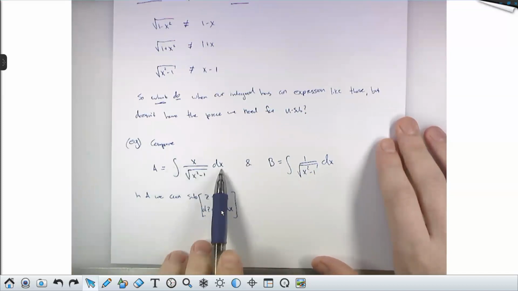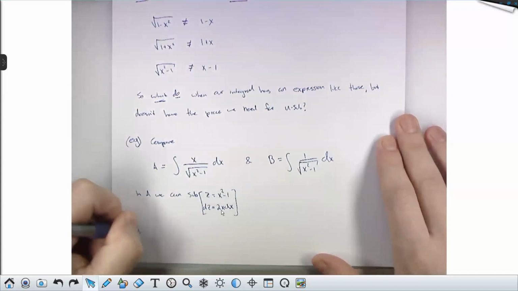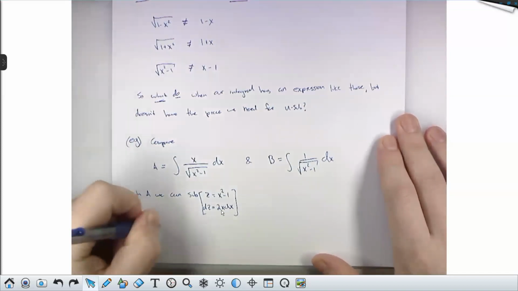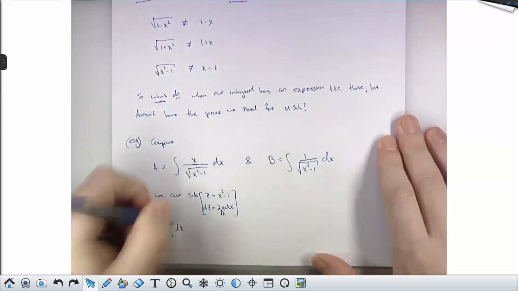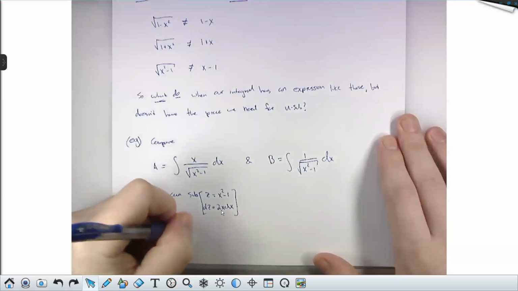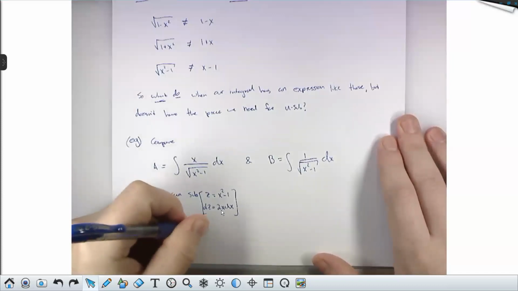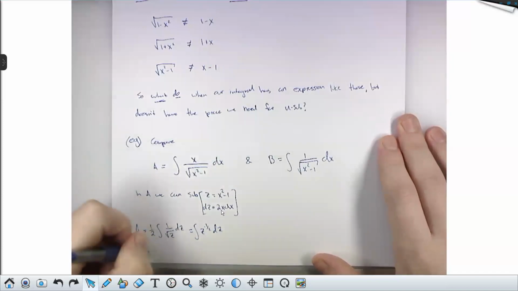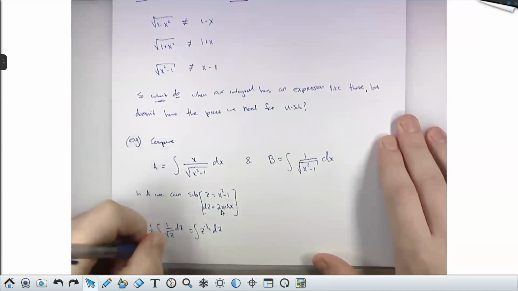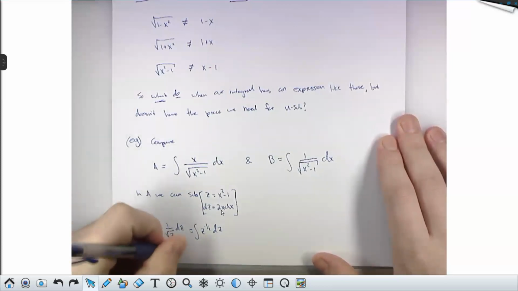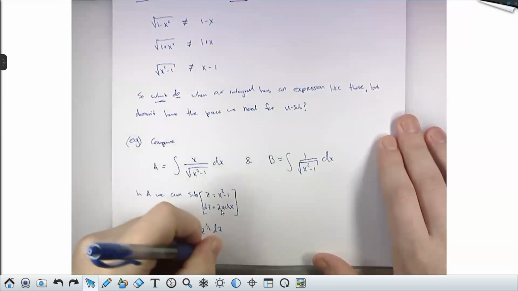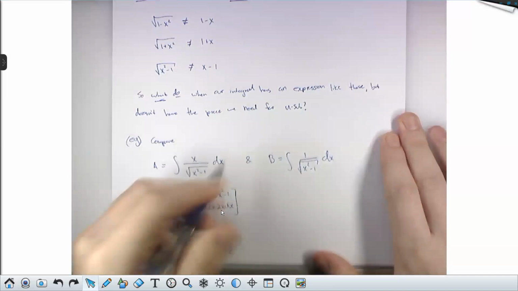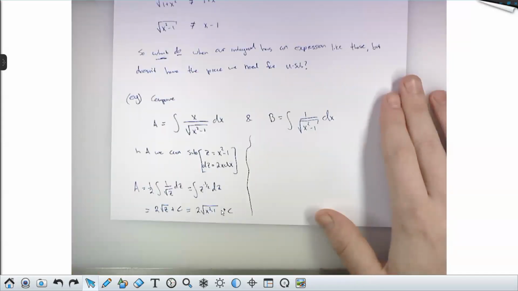I have an x dx right here. So A would become 1/2 integral 1 over the square root of z dz, which is manageable, right? That's integral z to the negative 1/2 dz. And so we add 1 to the power, divide by the new power. That's 2 square roots of z plus c, or 2 times the square root of x squared minus 1 plus c. That's not too bad.